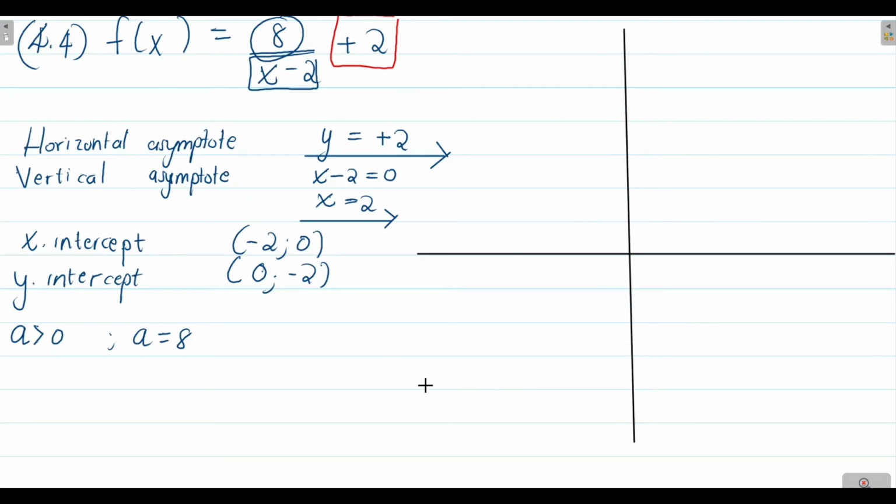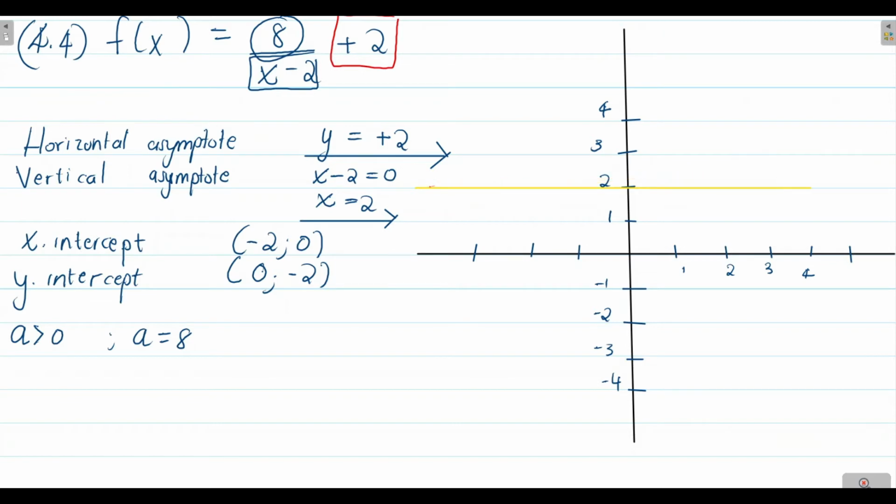Our horizontal asymptote is y equal to 2. That is our horizontal asymptote, and I'm going to highlight it with this yellow.